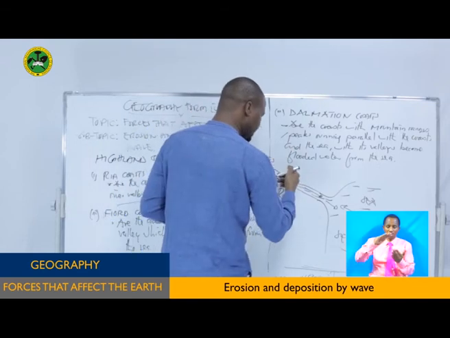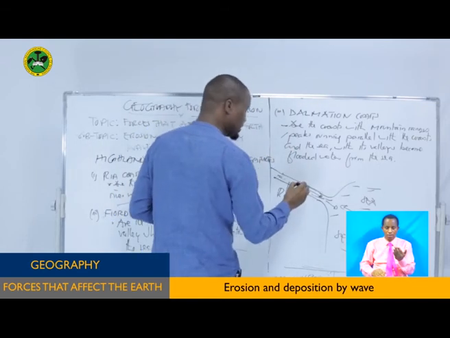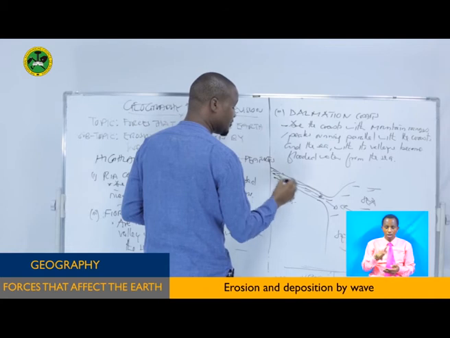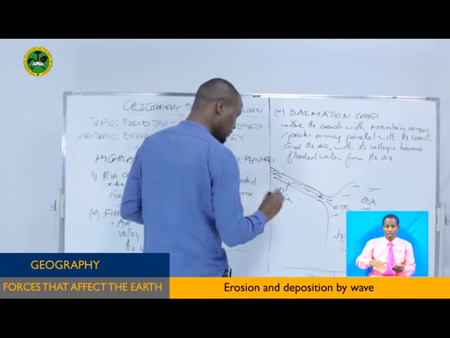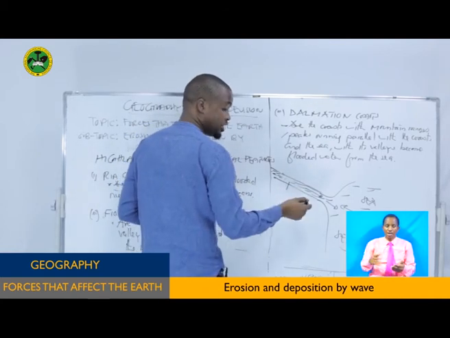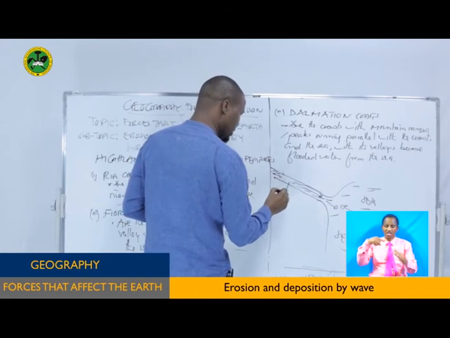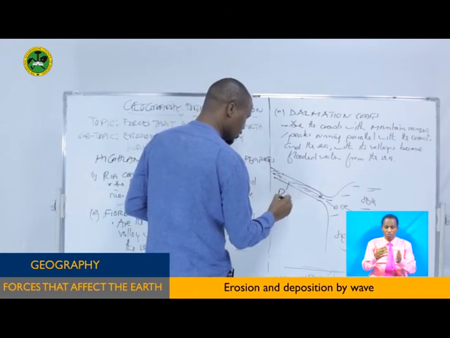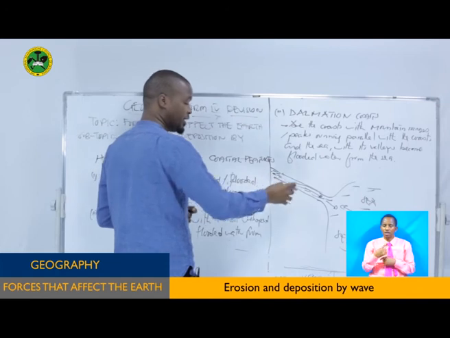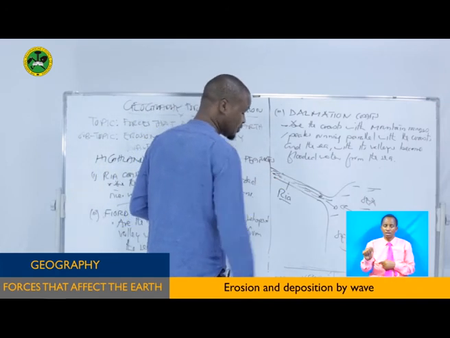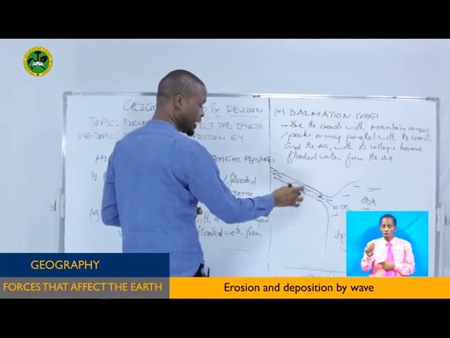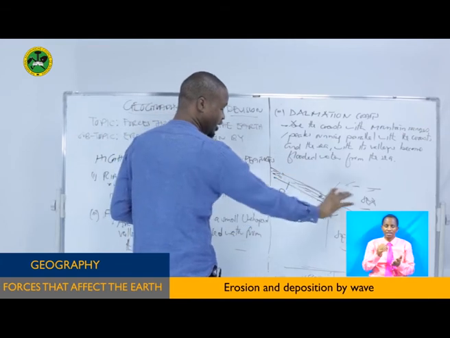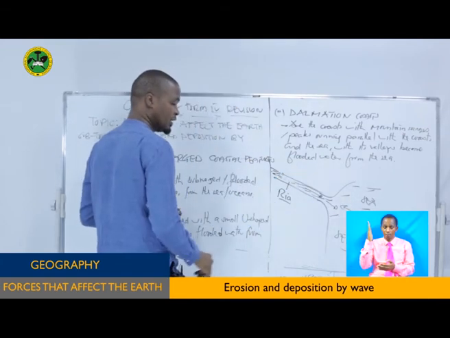So at the end, the river valley will become flooded by water from the sea. The river valley which becomes flooded by water from the sea changes its name, and we call it the ria coast. The ria is a river valley which becomes flooded by water from the sea. So this point of the land right here, which borders the sea, we call it coast.